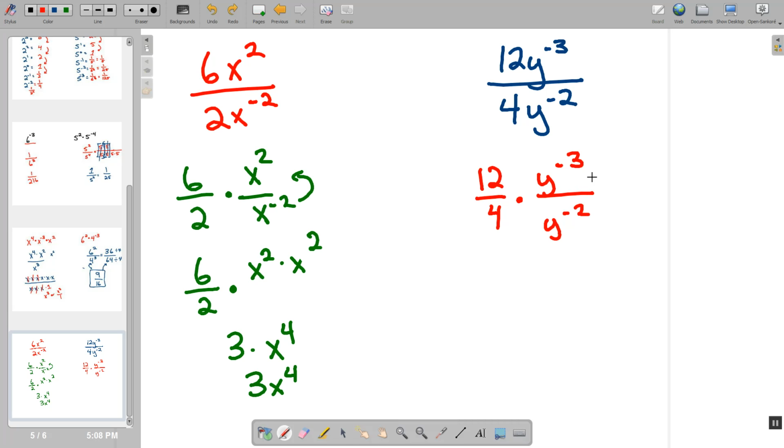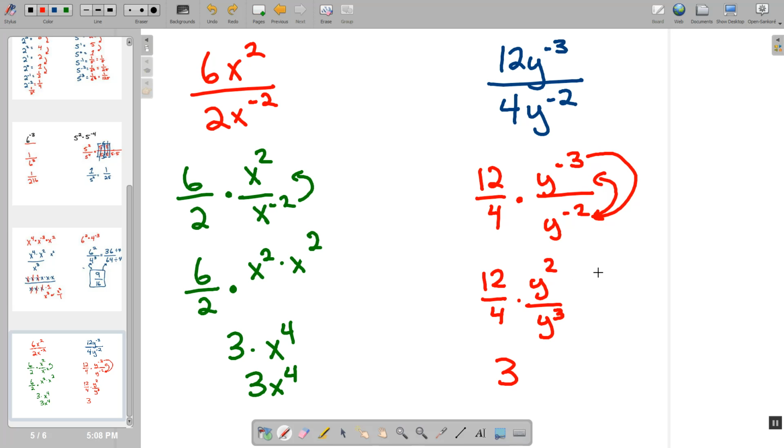But this time we have a negative exponent here and a negative exponent here. So this one is going to move up, and this one is going to move down. So they're actually going to switch places. So we get 12 fourths times, we get y to the positive second on top, y to the positive third on bottom, which gives us, this changes into a regular 3.